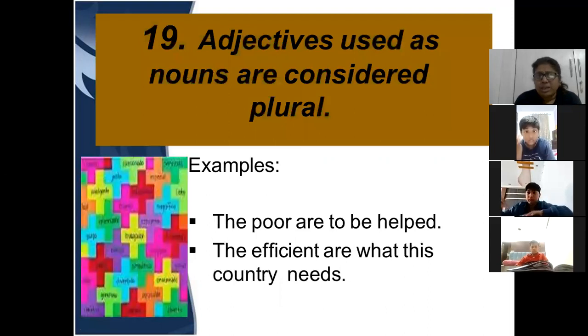Rule number 19, adjectives used as nouns are considered plural. Like, the poor are to be helped, the efficient are what this country needs. So this is considered plural, right?